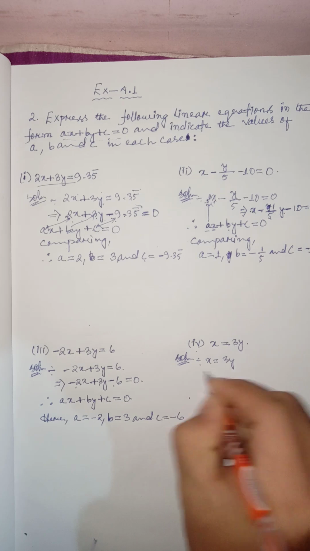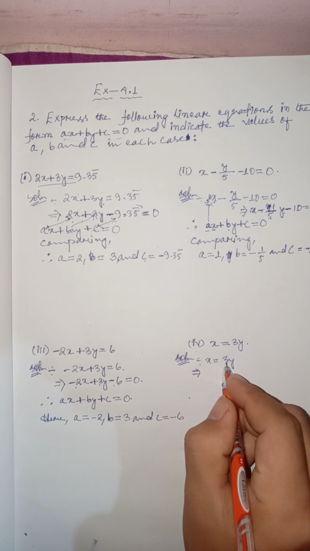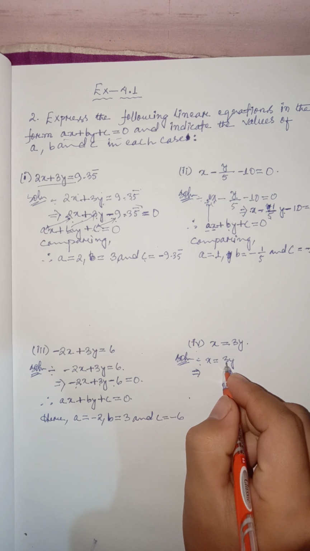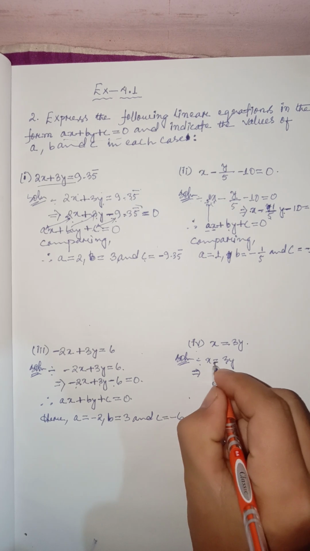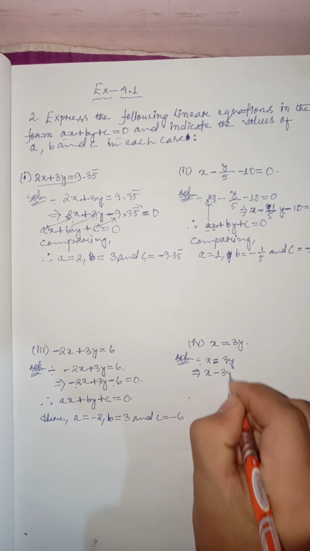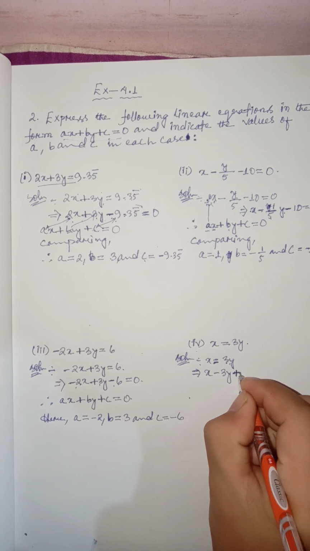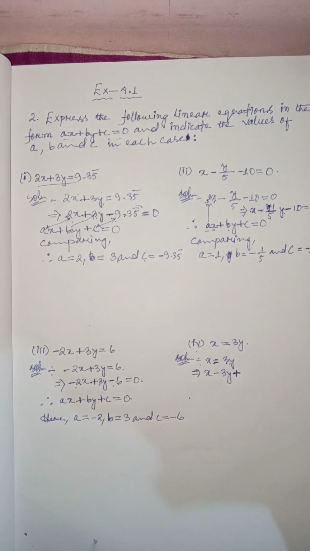3y, right? Now, in order to match this with the general equation, we need to bring this to the left hand side. Then actually here there is no c, but it is given in the equation that ax plus by plus c is equal to 0.